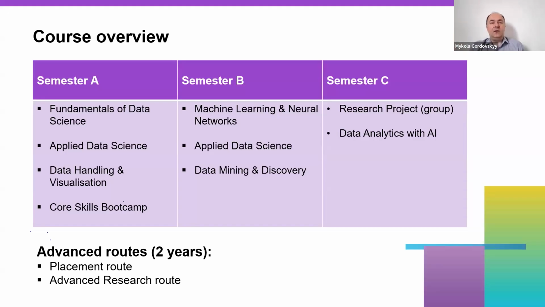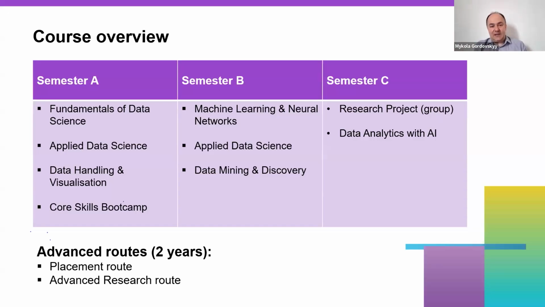So the first semester is to prepare students to study data science, and we aim at a very wide range of backgrounds. We understand that someone can be proficient in computer programming, and some people have very little or almost no experience in programming.